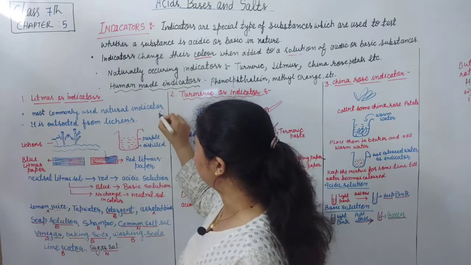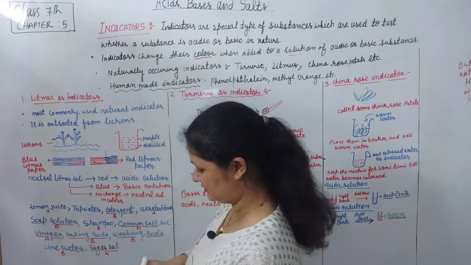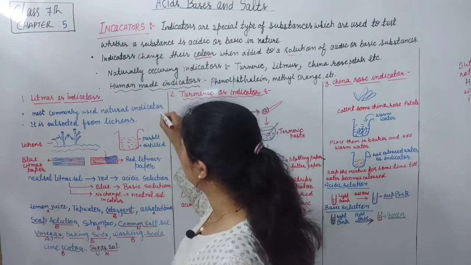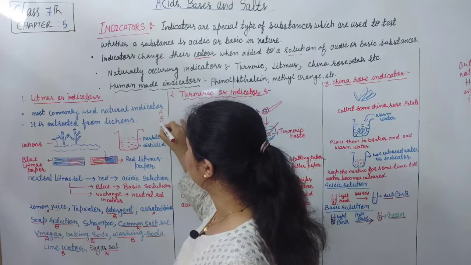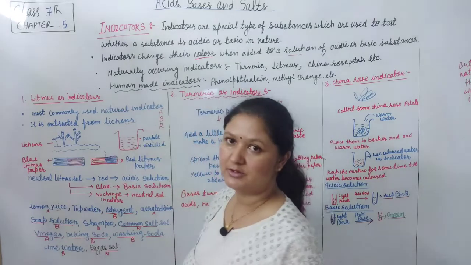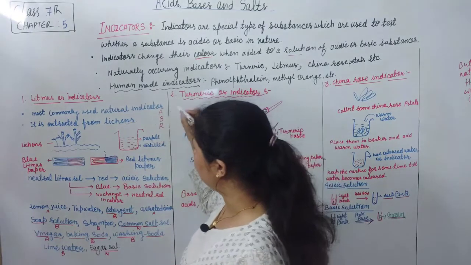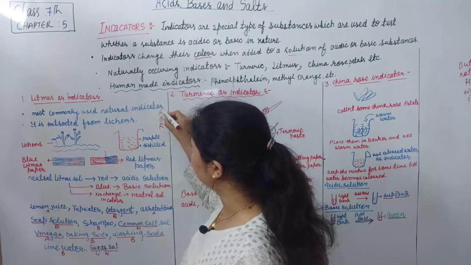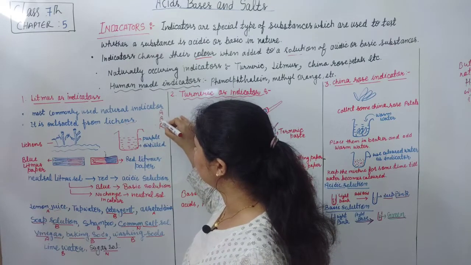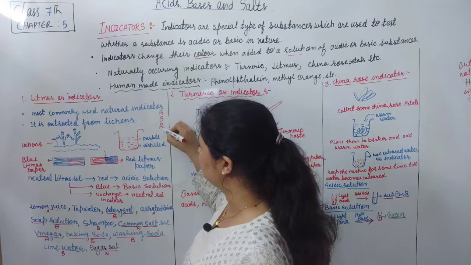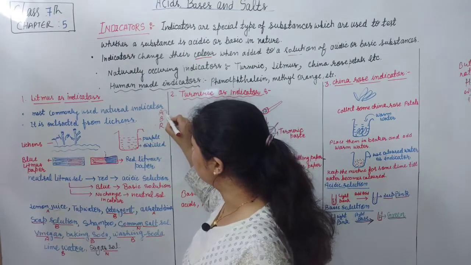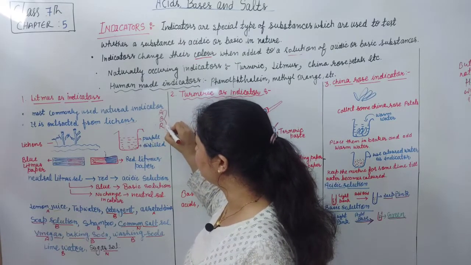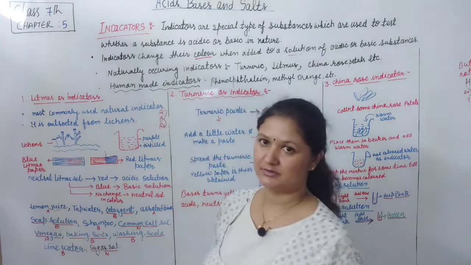For example, you write ABR. In acidic solution, A means acid, B means blue and R means red. So acidic solution turns blue litmus paper into red litmus paper.